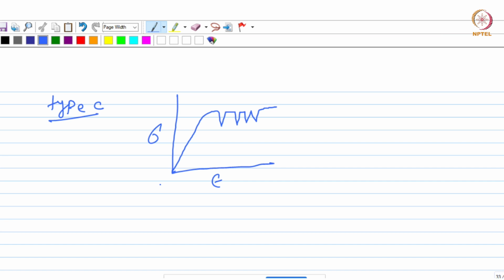Okay, so these are the three types of serrations that might occur, and it depends on how that band in which the deformation is localized moves through the sample, right?